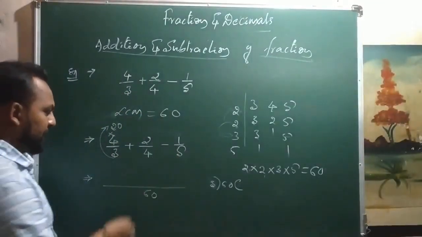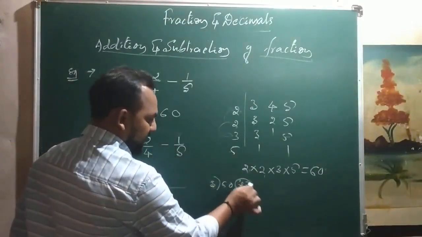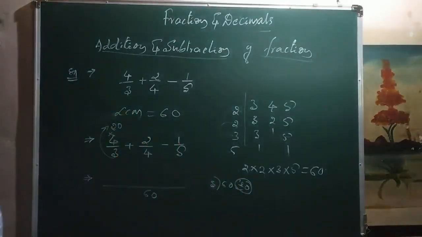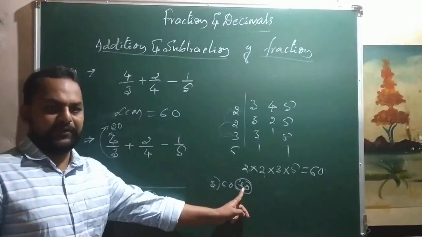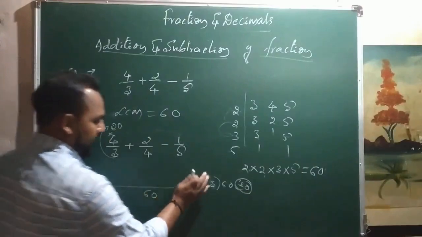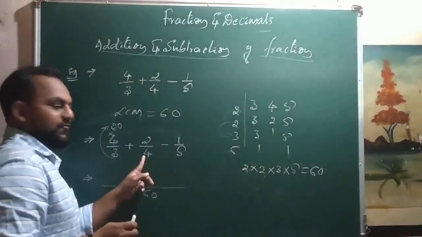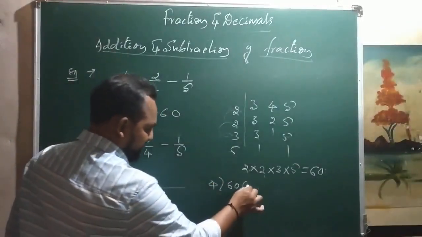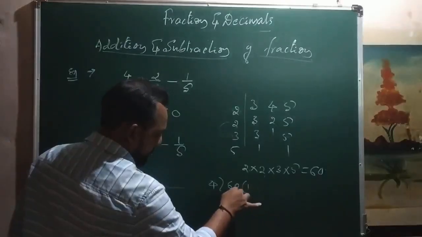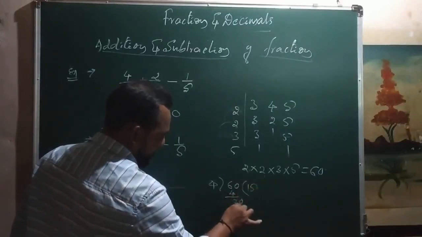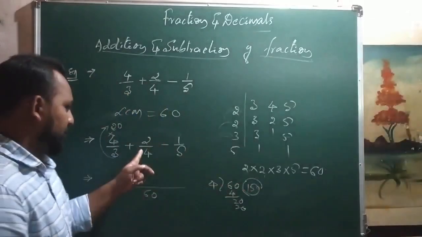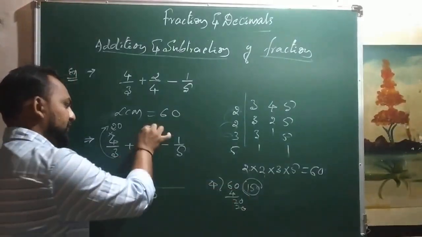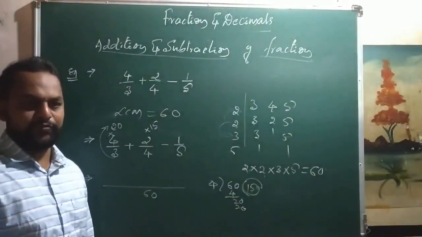Here 3 20s are 60, write the quotient, and multiply the numerator by the quotient, here 20. The next denominator is 4, then again divide 60 by 4. 4 15s are 60. Here the quotient is 15. Multiply the numerator by the quotient.